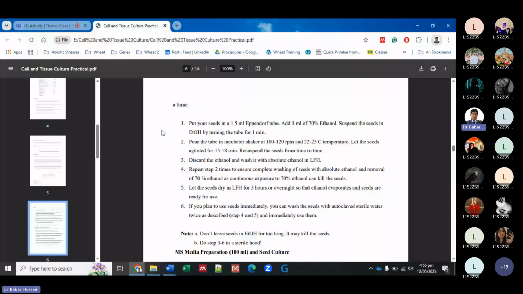You will rotate it, so each and every seed gets exposure to 70% ethanol.